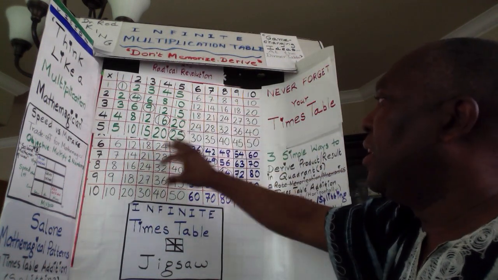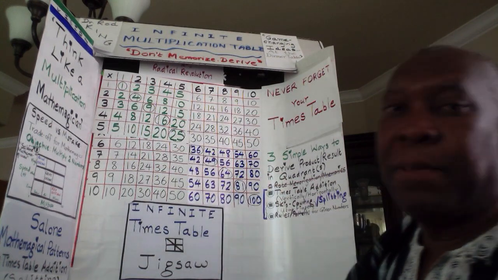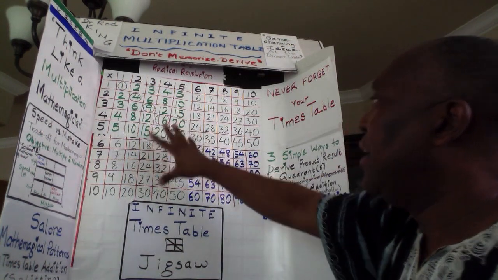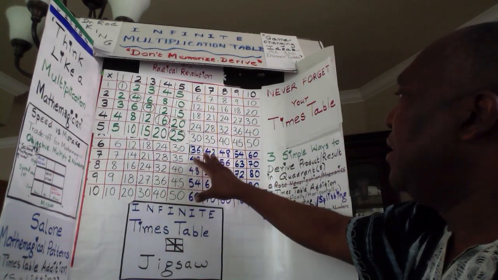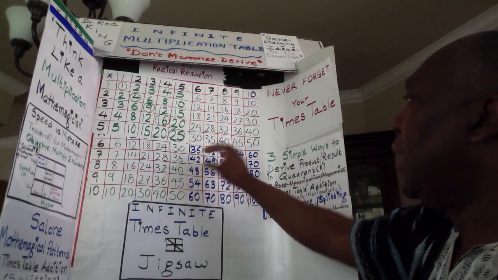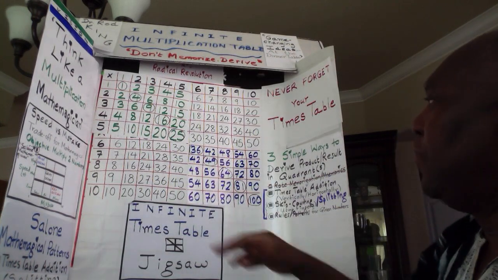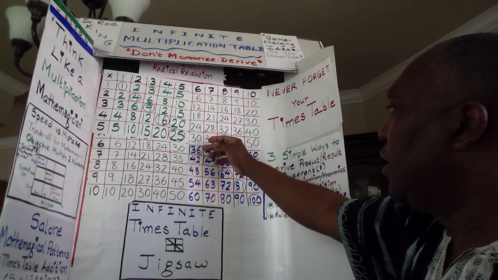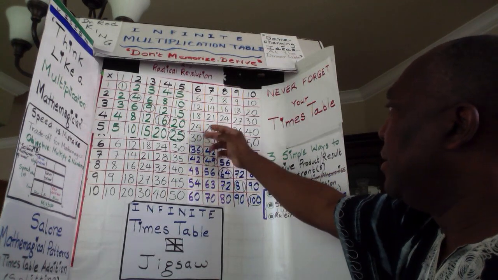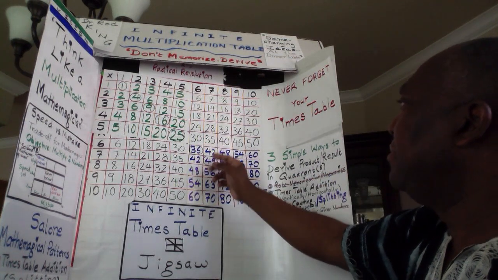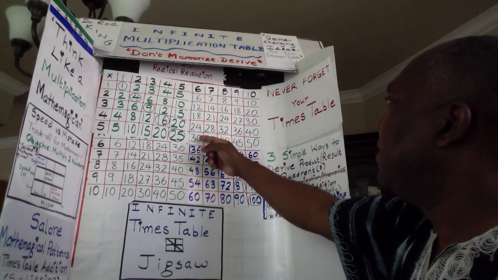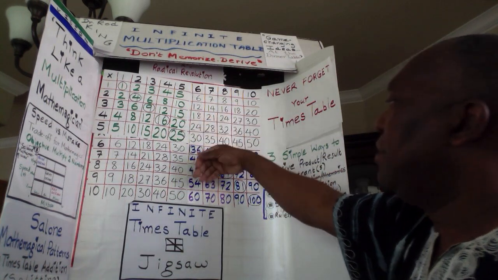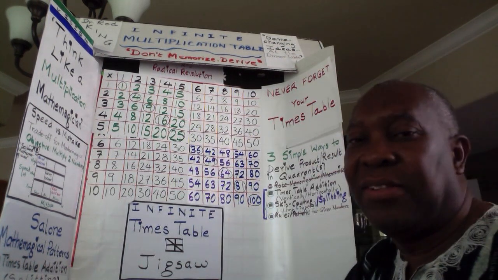So there is a relationship between these two tables, but you can use quadrant 1 to derive all of these tables. And it's the same thing for quadrant 4. You can use, say, 8 times is 5 times plus 3 times, and you can derive these quantities.